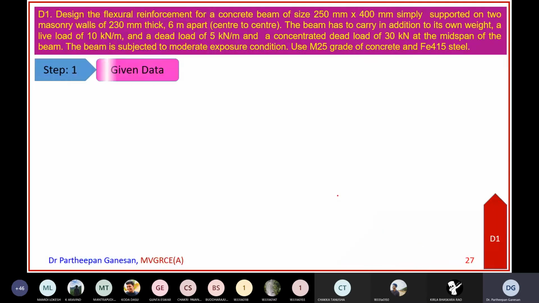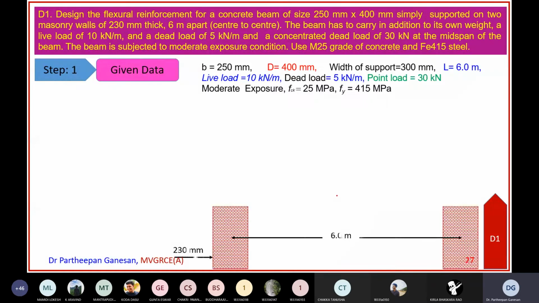Here, what do you want me to repeat? Let me know. This is a design problem only. In that question, it mentions moderate exposure condition. Yes, it is given moderate exposure condition.